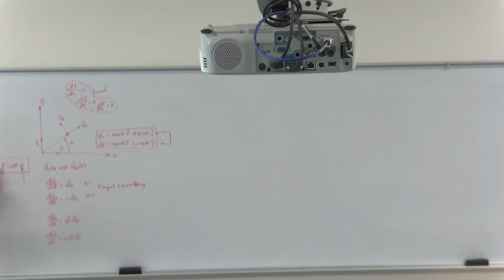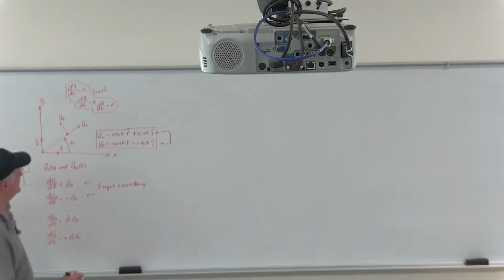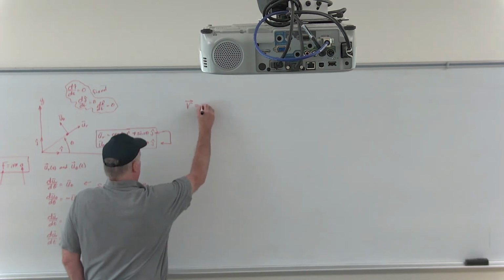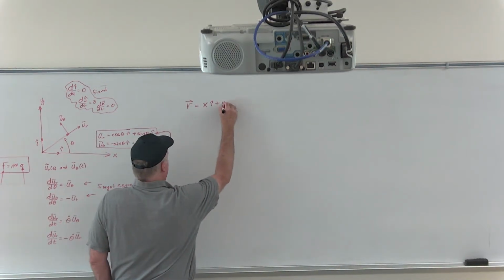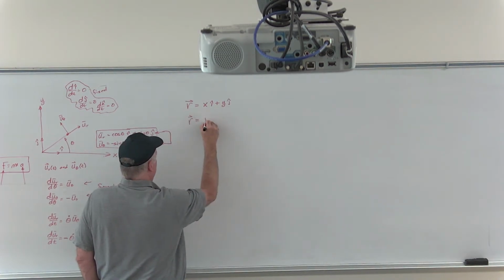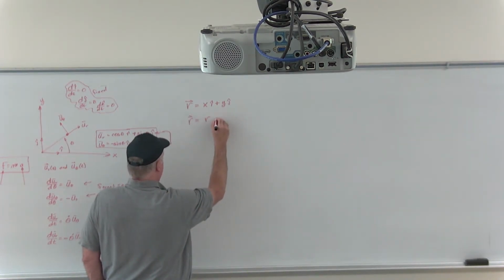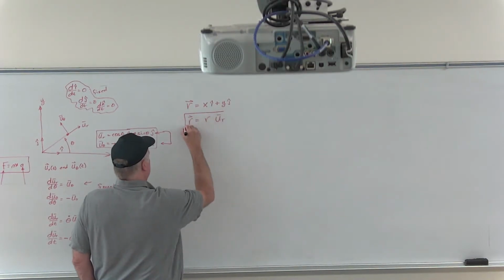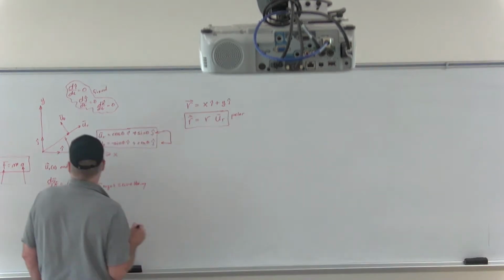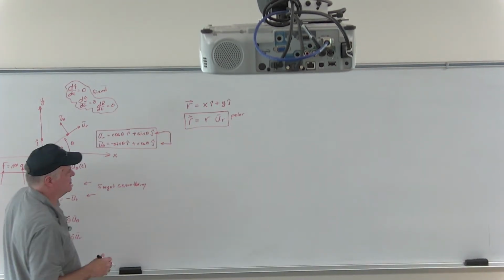So to get down to acceleration, I first have to get past and into velocity. So if I have a vector r, which could be listed like this, or could be listed like this. This is listed in polar coordinates. Or cylindrical, depends on the way you look at it.